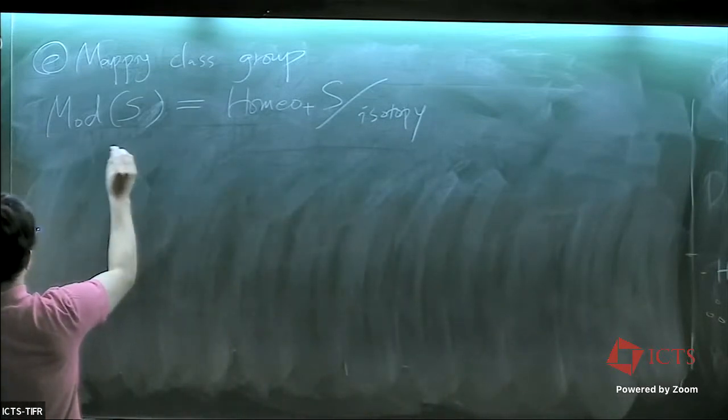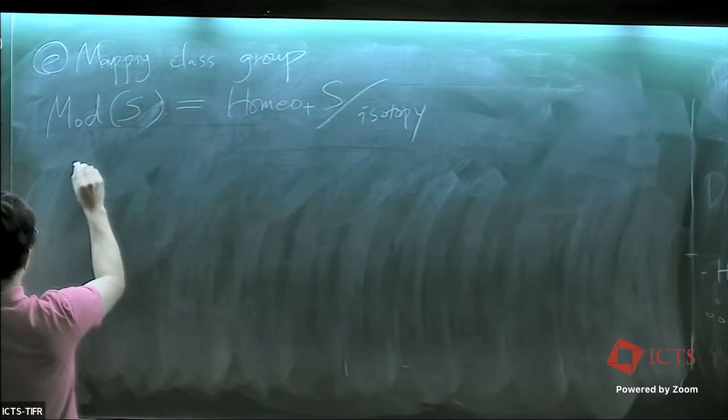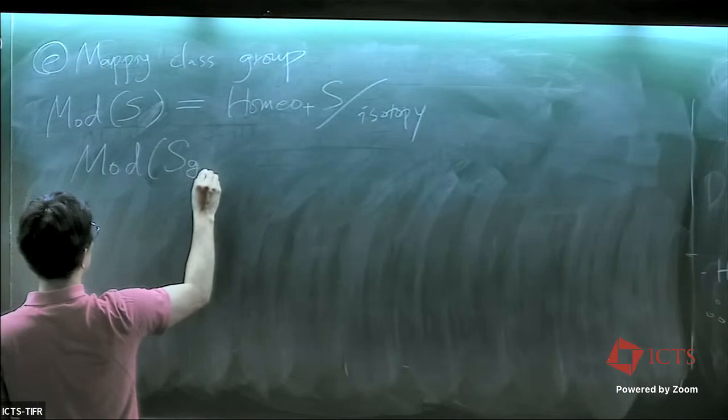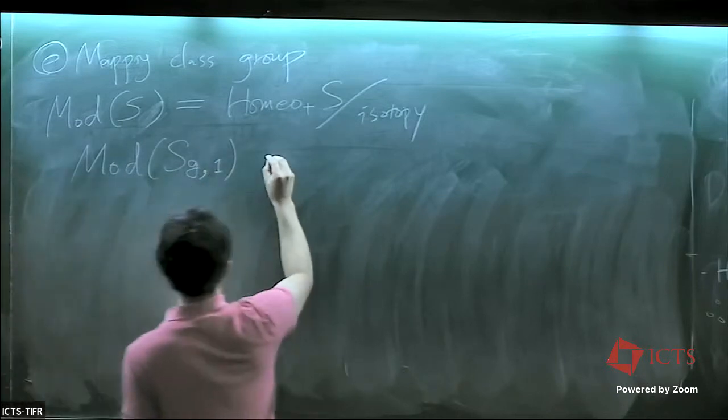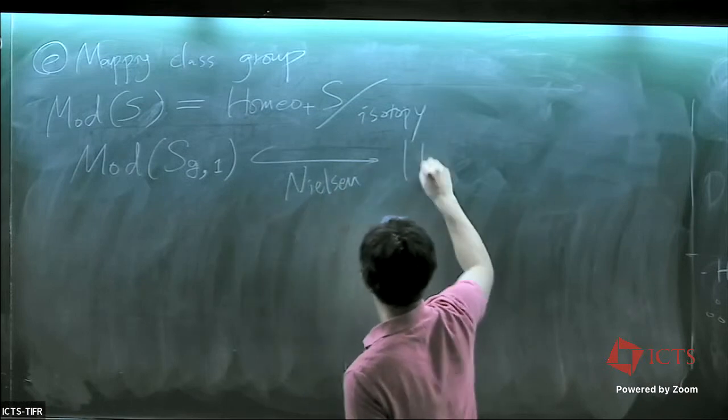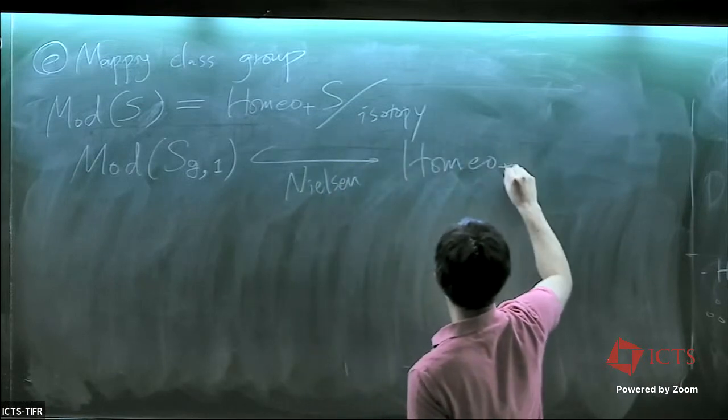And in the case of a once-punctured surface, genus g with one puncture, there is a natural Nielsen section into the circle homeomorphism group.